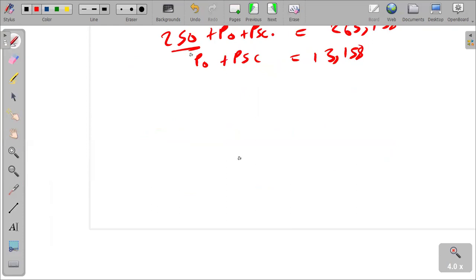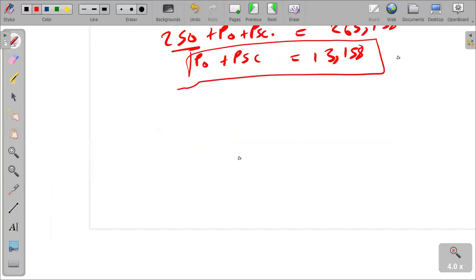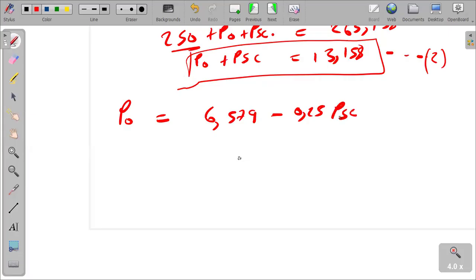So we have two equations now, equation 1 and equation 2. We solve them now as simultaneous equations. We can take equation number 1 and make PO the subject. It means it's going to be 6.579 minus 0.25 PSC, right? We go to the second equation, we substitute where there is PO with what we now have.